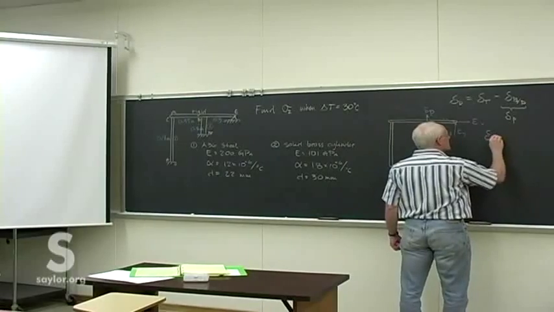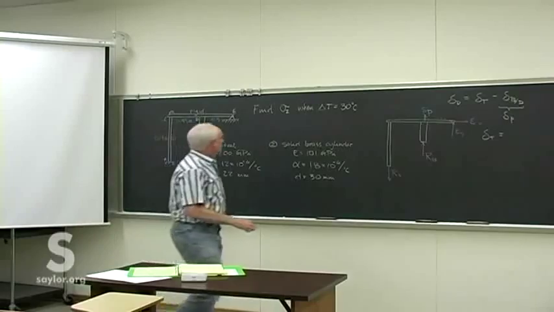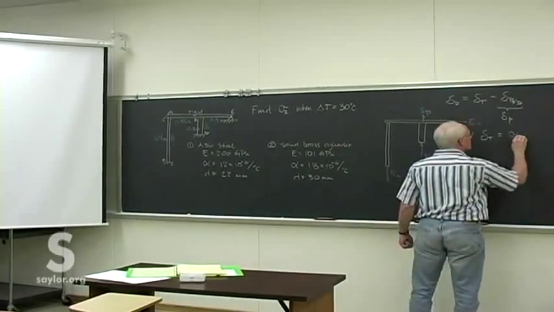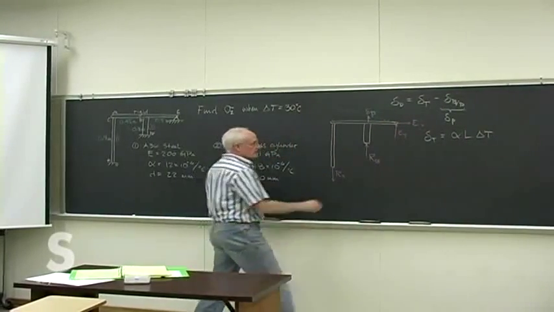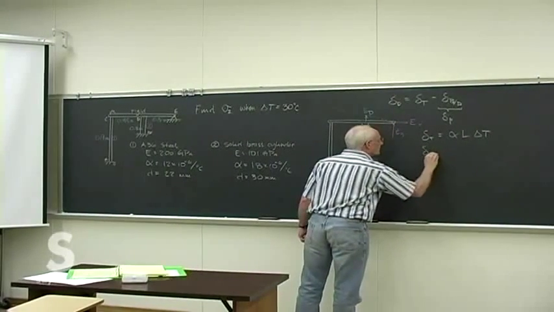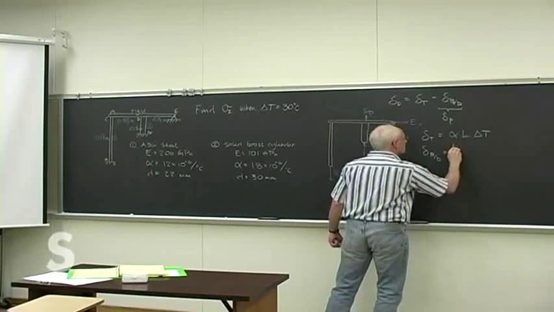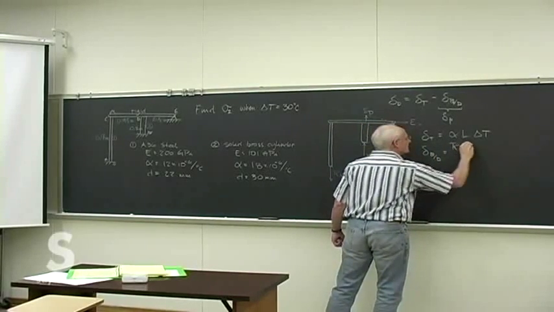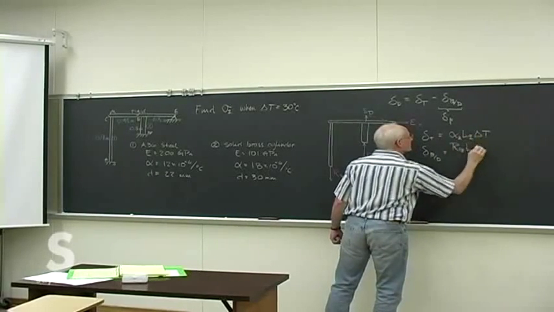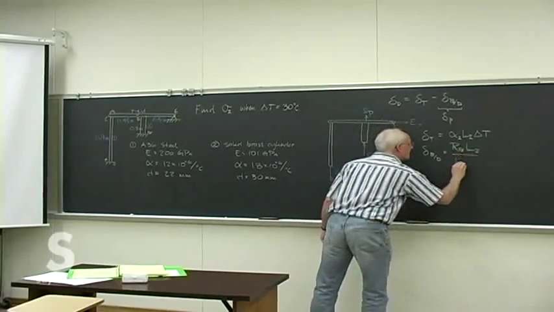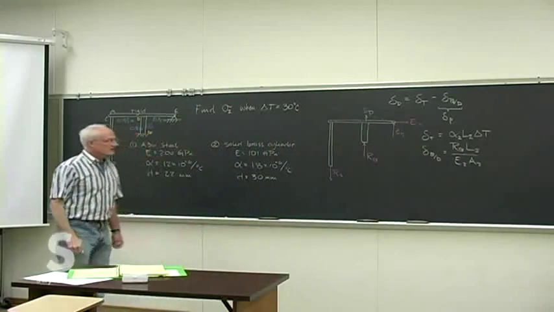Now the del T is not too big a deal. That's just the thermal part. We've got all those. And then the relative strain is going to be the reaction times its length. I guess I could put 2's on all of those, since we do have different materials.